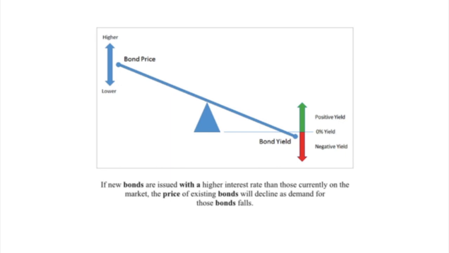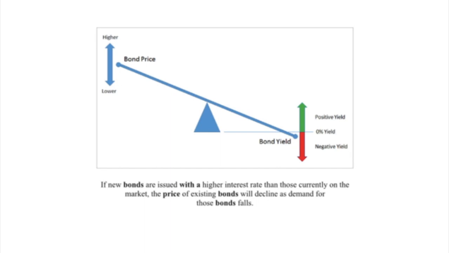But to begin with, I want to point out a really key part of this topic, and that's the inverse relationship between the price of the bond and the yield of the bond. Remember, the yield refers to the earnings from an investment over a specific period. It includes the investor earnings such as interest and dividends received by holding a particular investment, in this case the bond.